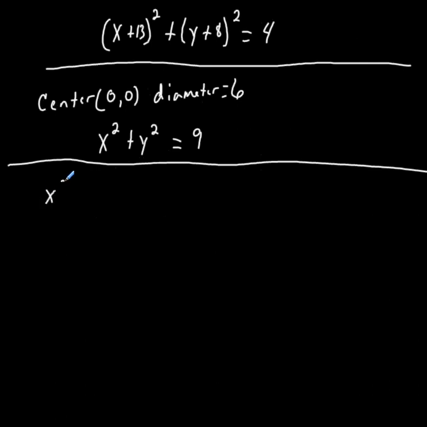X squared plus y squared minus 16x minus 6y plus 9 equals 0. Okay, with this equation, let's see if we can convert it into the standard formula of a circle. And first of all, let's get that down here.